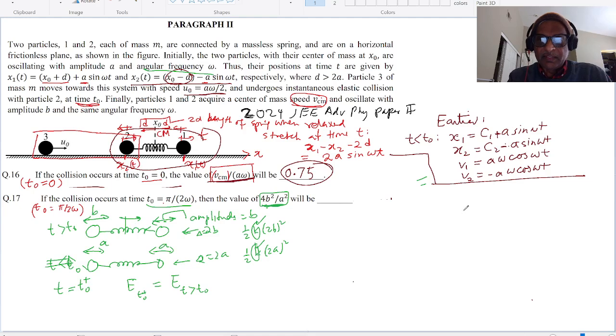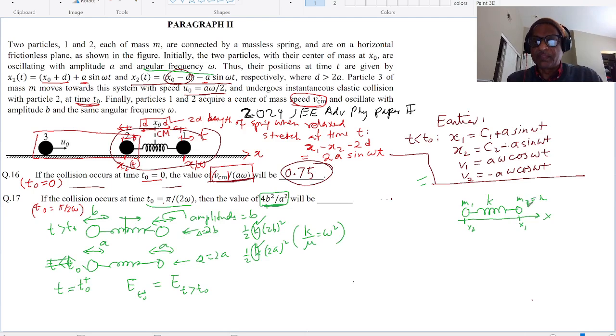To get the k, actually k over mu is going to be omega squared. Either you may know this formula for this kind of system, or if you have forgotten, there's a very quick way to figure it out. So this is x1, x2, this is m1 and this is m2, both of mass m.